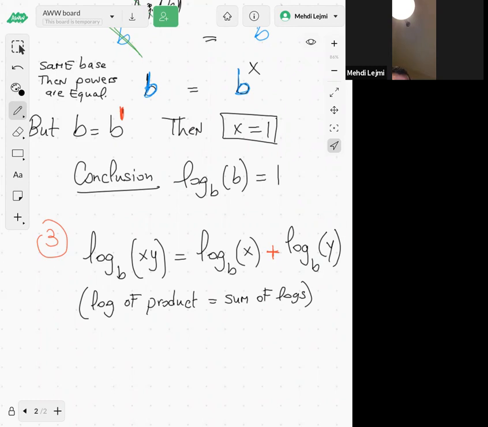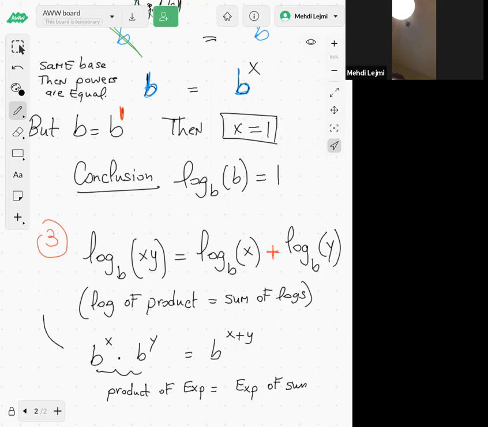Remember, for the exponential, if you have b to the x times b to the y, we said this is b to the x plus y, right? So the product of exponentials is the exponential of the sum.